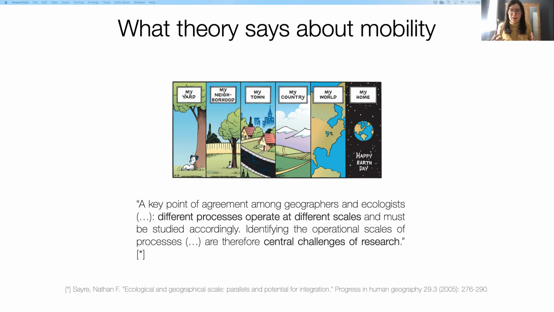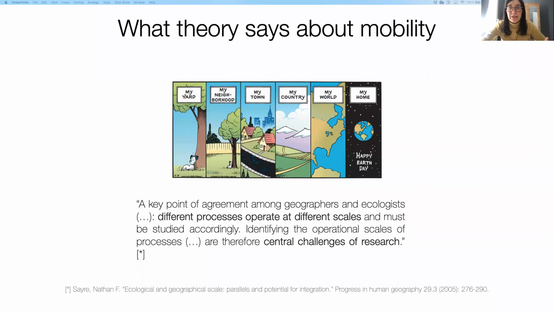People really think about households, neighborhoods, cities, countries, and the world, and the fact that different processes operate at different scales. Right, so this is clear. This is how we understand space and how theory thinks of space, in terms of nested hierarchical scales.